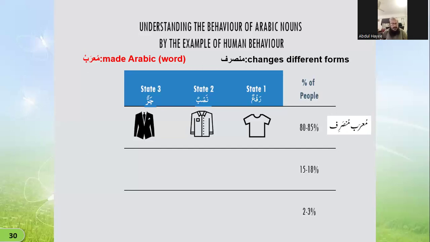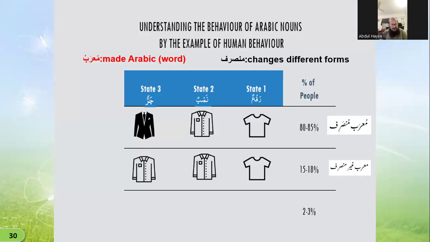The next group, like the verbs, which are 15 to 18%, has only two types of dress. At home and office, the same, and when they go for some invitation, a different one. And 2 to 3% have only one dress, either at home, work, or party.